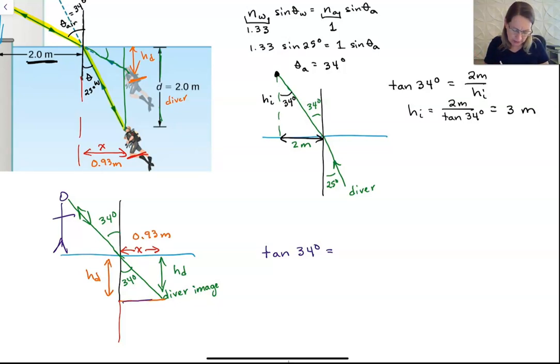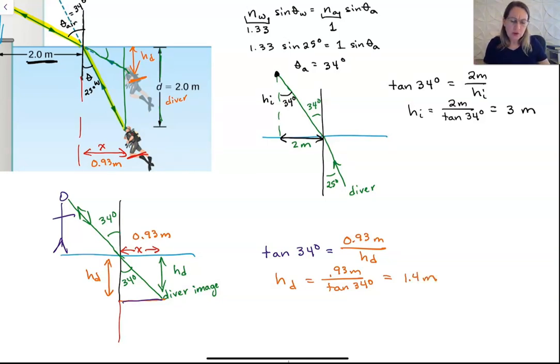Tangent of 34 degrees is opposite, that would be this x, which would be 0.93 meters, all over this h sub d, which is what I wanted to find out. The depth of the diver is 0.93 meters over tangent of 34 degrees, which is 1.4 meters.